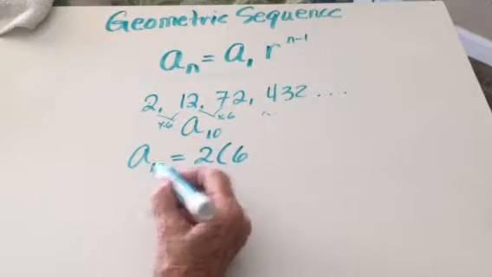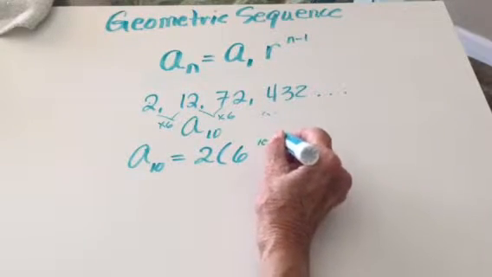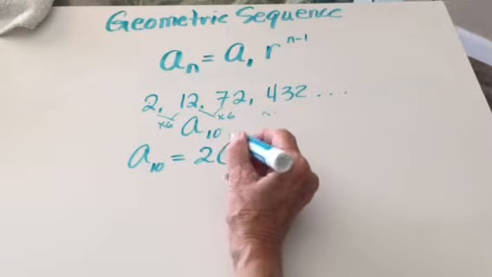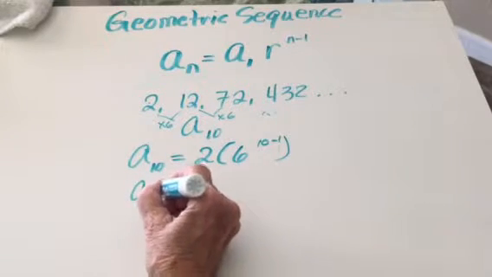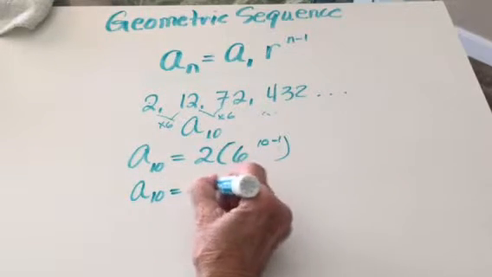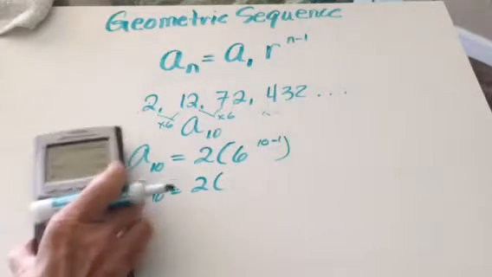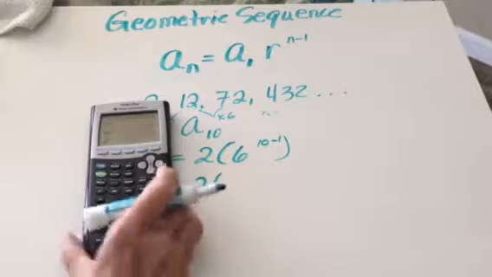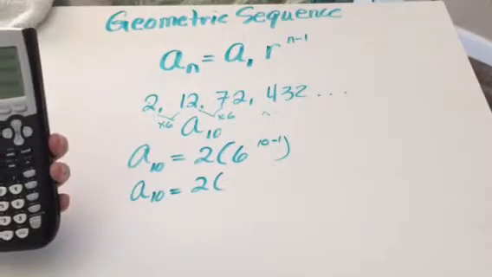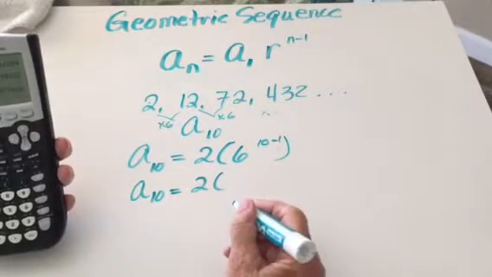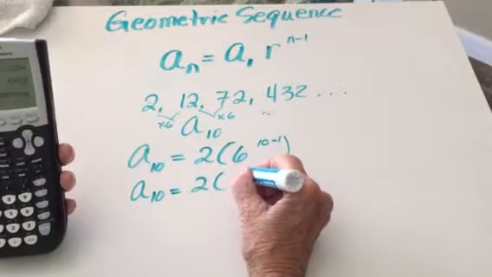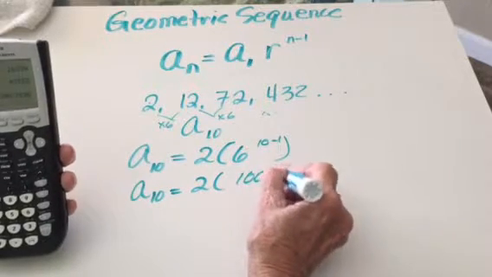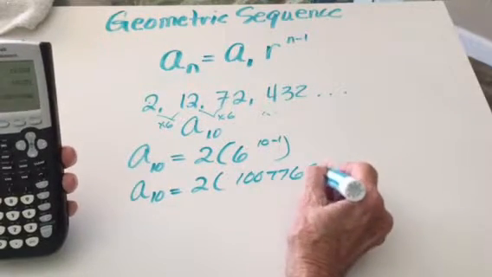What's n? 10. 10 minus 1. All right. Now, in your calculator, a sub 10 equals 2 times, what is 6 to the 9th power? 6 caret 9 equals. It's a great big huge number again. 10,077,696.